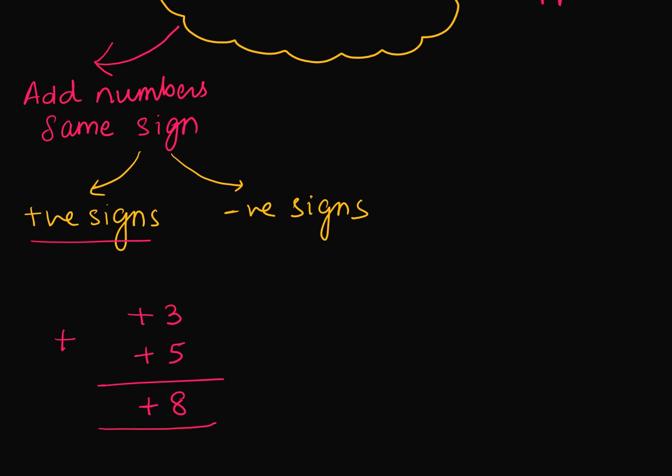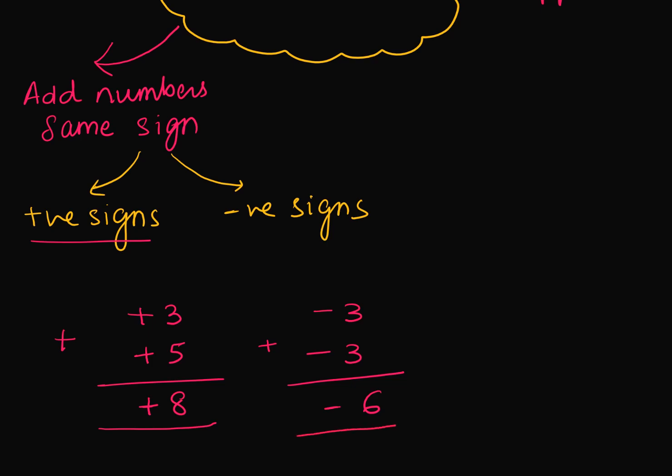Now if it is to add the numbers with negative signs, so if it is minus 3 plus minus 3, again nothing to worry, since the signs are same, you are going to add instead of subtract. So now 3 plus 3 is 6 and because the signs are negative, you're going to put the negative sign here.